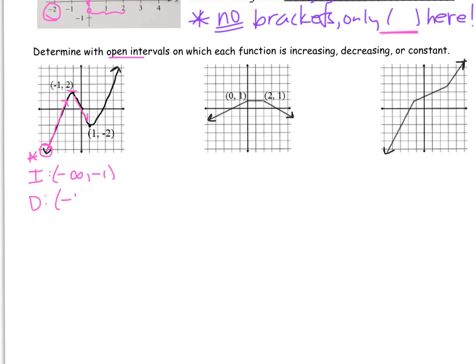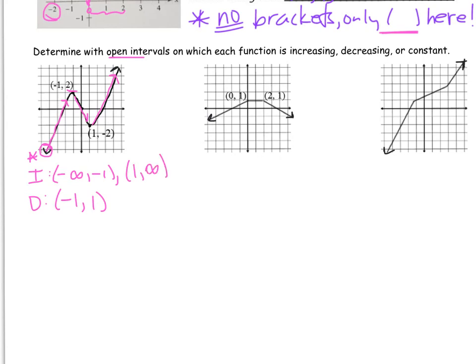So from -1 to +1, the graph is showing outputs that decrease. From 1, though, it goes back up and changes direction to an increasing up to positive infinity. So if it's another increase, I'm just going to put a comma after the increase and say from 1 to infinity, the graph increases as well.